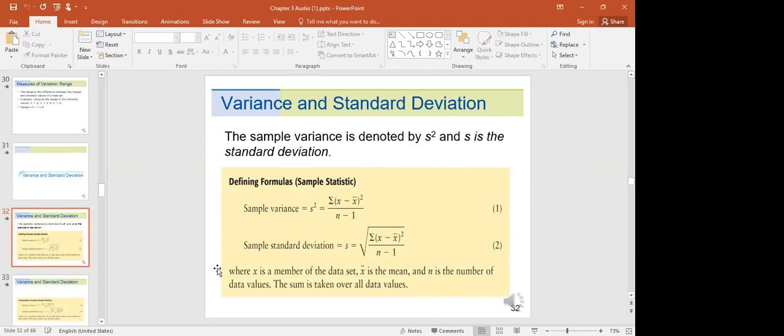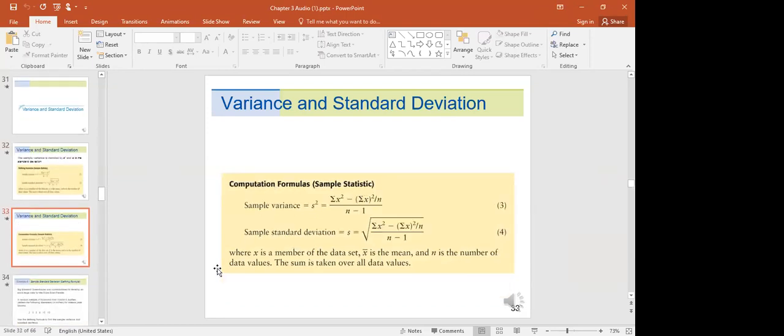We are going to look at some examples. Here is another type of formula, which is just another variation of the formula for the variance. But since we are using calculator or Excel, it's not very important for you to memorize these formulas.